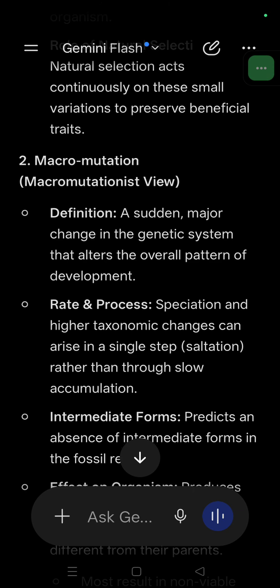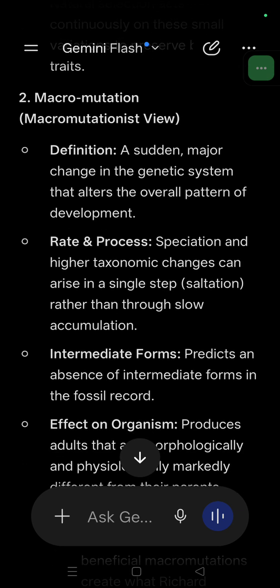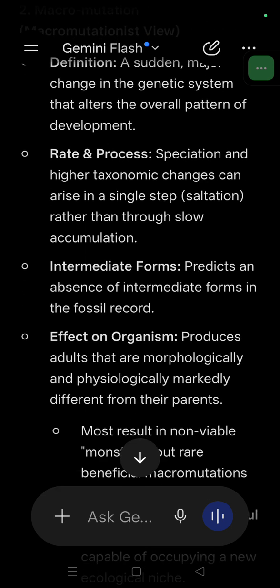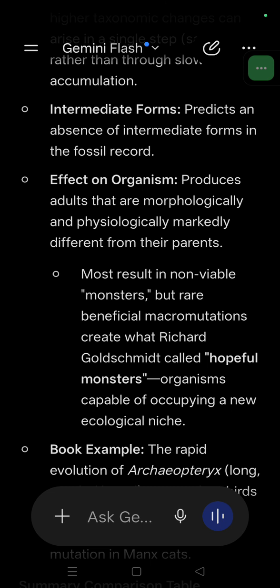Macromutation is viewed as a sudden major change in the genetic system that alters the overall pattern of development. Process of speciation: speciation and higher taxonomic changes can arise in a single step rather than through slow accumulation. Intermediate forms: it predicts an absence of intermediate forms in the fossil record. Effect on organism: it produces adults that are morphologically and physiologically markedly different from their parents.